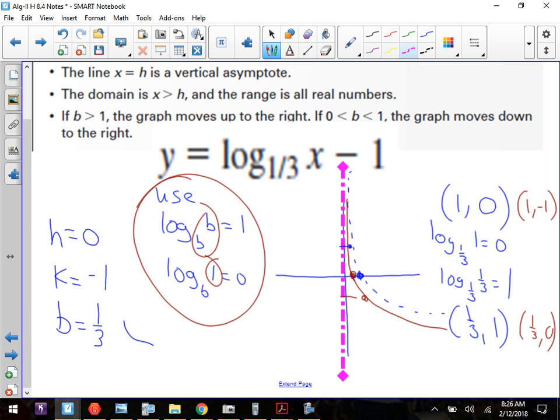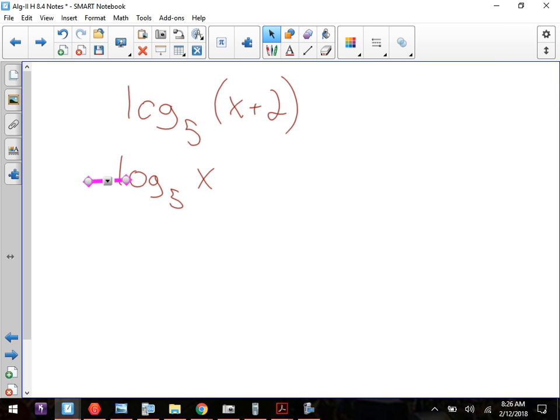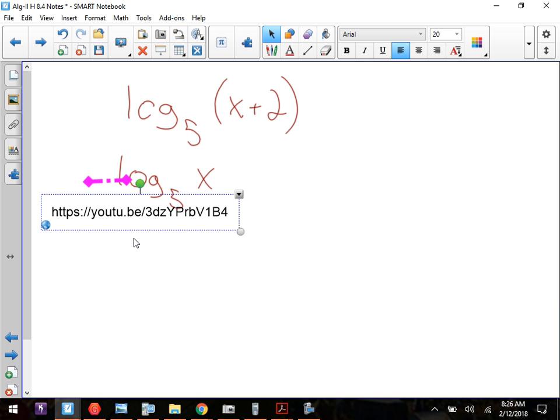Log base 5, just to show you what you would choose. Just real quick for your parent function.